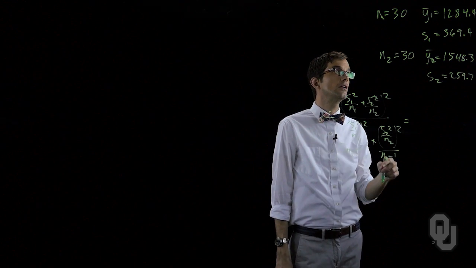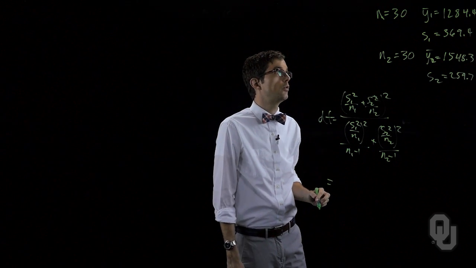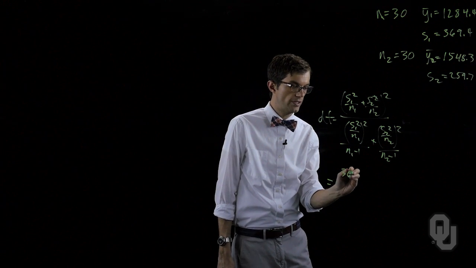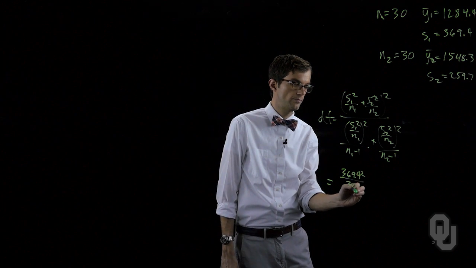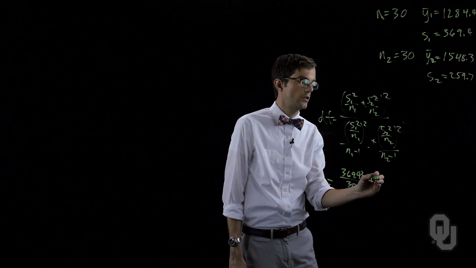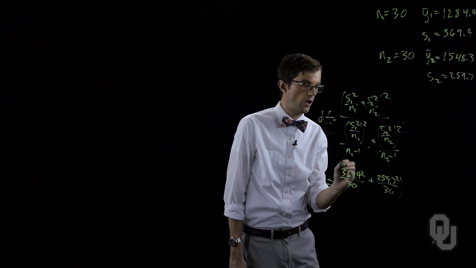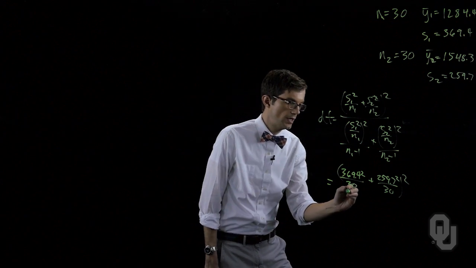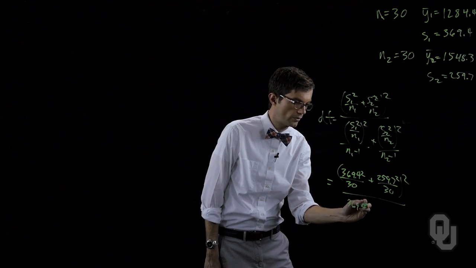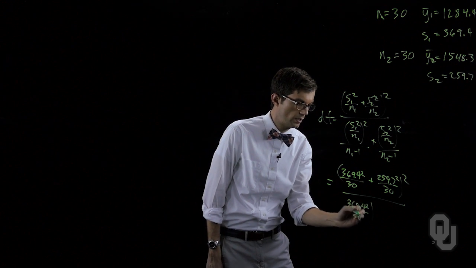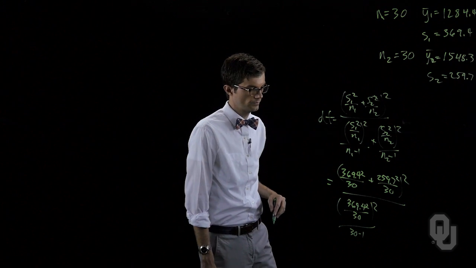If we do that, down here, we've got 369.4 squared over 30 plus 259.7 squared over 30, all of that squared. Then in the denominator, we have 369.4 squared all over 30, that squared, all over 30 minus 1.